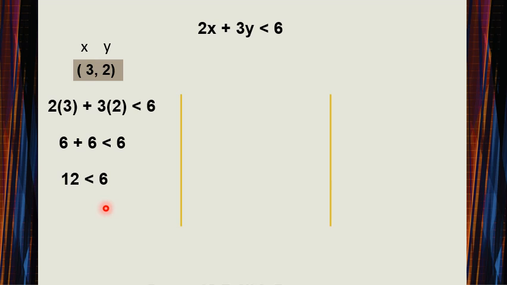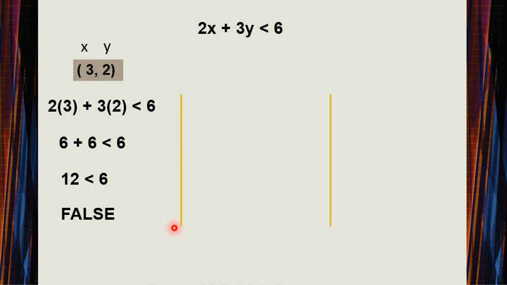Okay, as you can see, the 12 less than 6, is that true or false? So it means that is false. Because 12 is greater than 6, not 6 is greater than 12. So it means this is not a solution of this inequality.